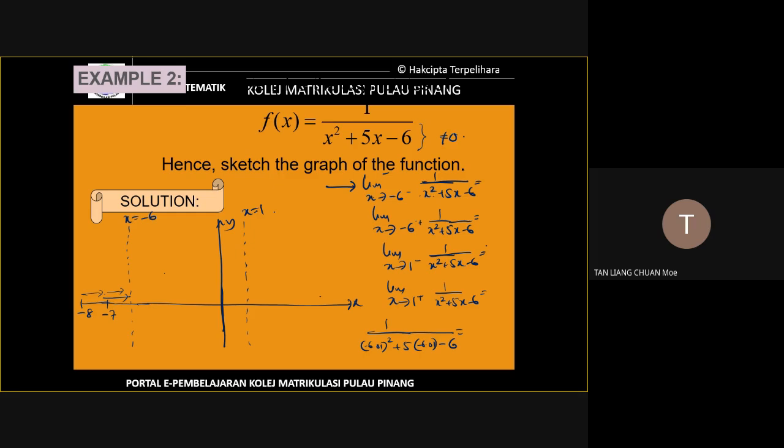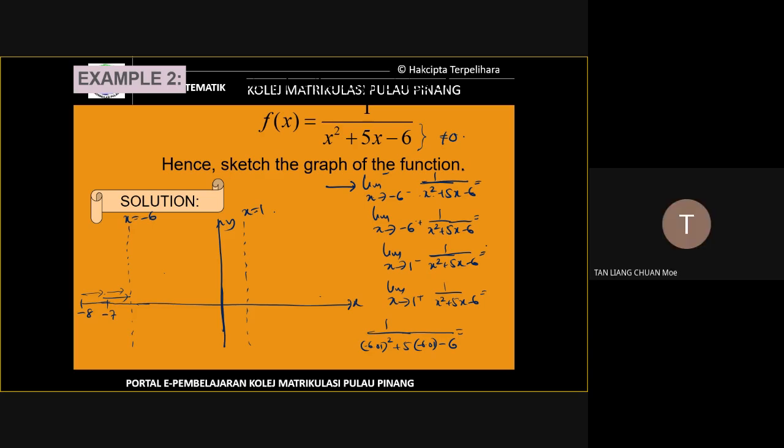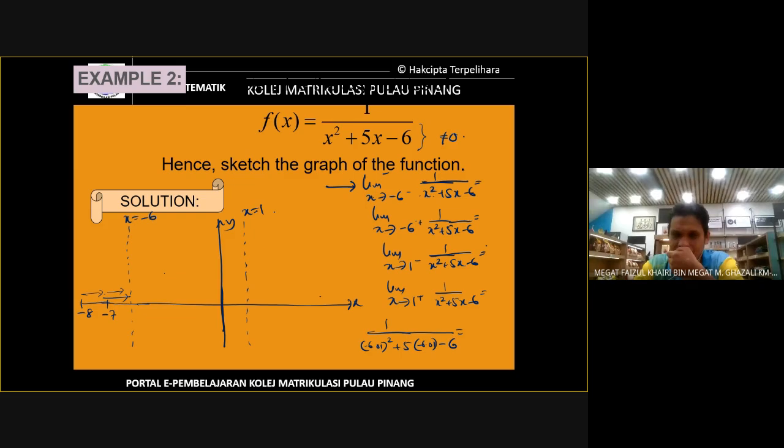Okay, negative 6.01 and negative 6.0, x squared plus 5x minus 6. Kelas, I get positive. Betul ke? Positive or negative? Positive infinity. Okay, positive infinity means that it is positive here.